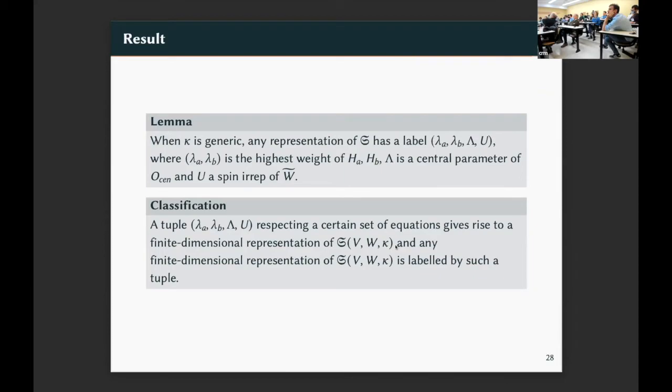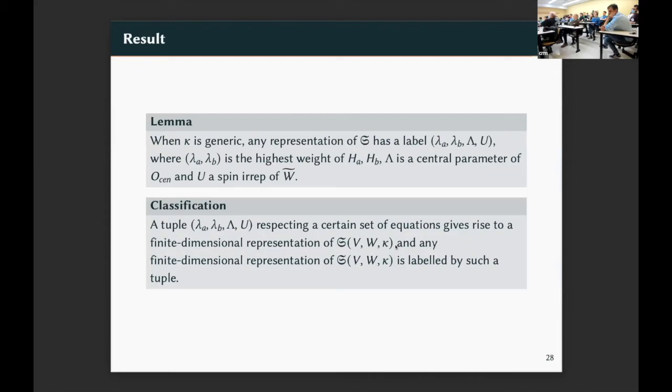So if kappa is generic, any finite-dimensional irreducible representation of my symmetric algebra has a label: sigma, lambda A, lambda B, big lambda, and U, where lambda A and lambda B are my highest weights for HA and HB. Big lambda is the central parameter, so the color of the representation.